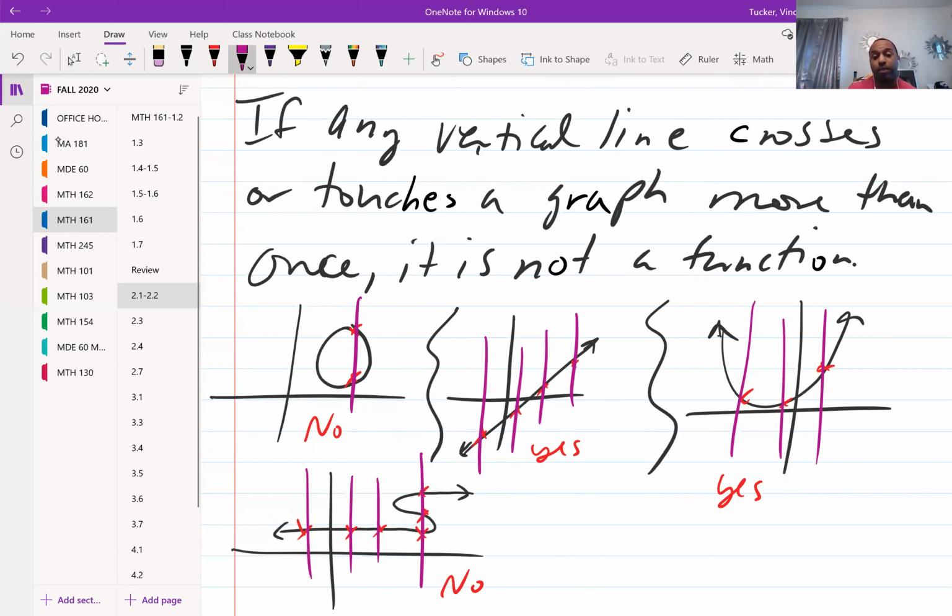So it's still not a function. If a vertical line crosses or touches your graph more than once, it is not a function. All right, questions on the vertical line test?